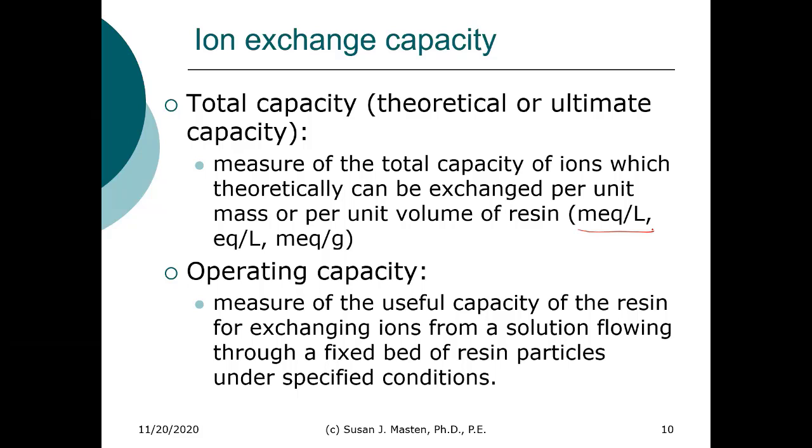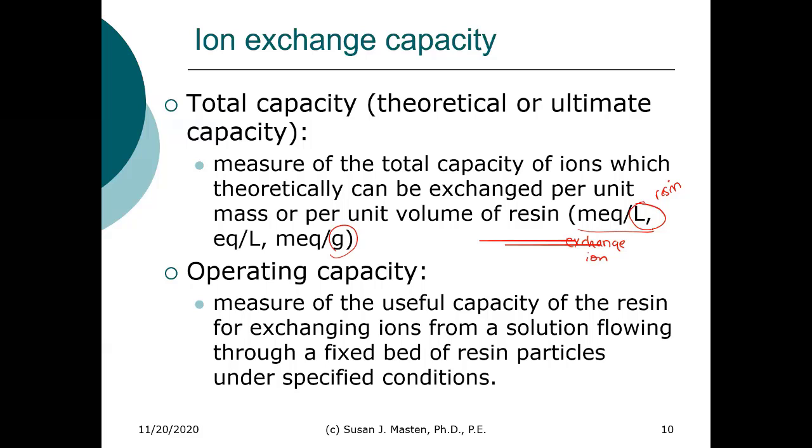And this is typically in milliequivalents of whatever ion you're exchanging, per liter of resin, or in this case, grams of resin. So this is milliequivalents of the exchange ion per liter volume or mass of the resin.